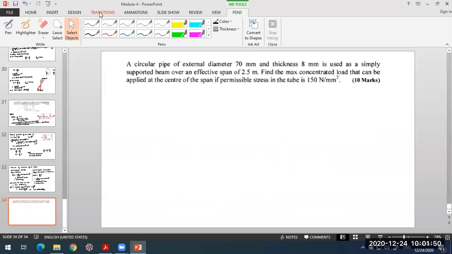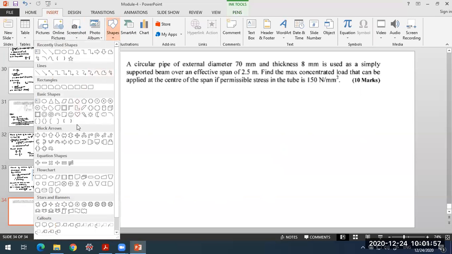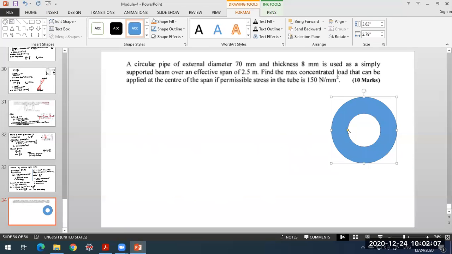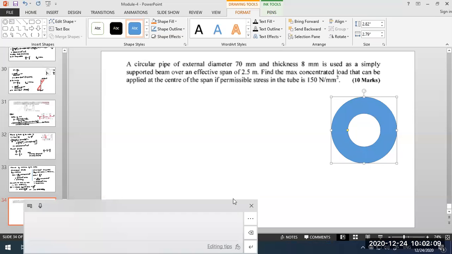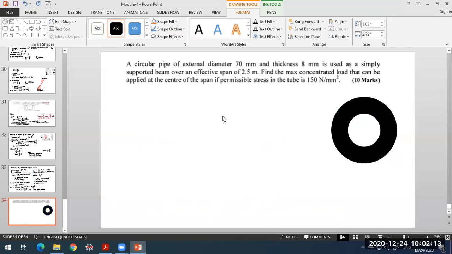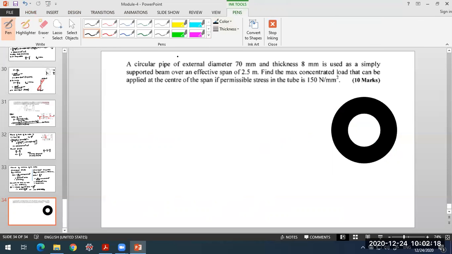Okay, so in this case, the cross section we have is a hollow circular cross section. So this is the cross section we have in our case. The internal diameter is 70 mm.